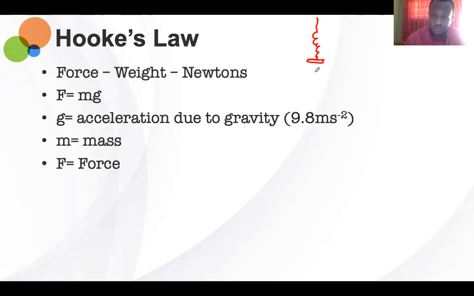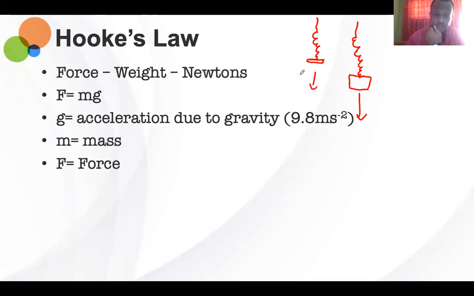Down. Right, so the force is down. And we have another spring, but this one has a larger extension, so therefore there's a larger weight. The force is still down, but it has a larger force down. So this one has a larger weight than this one.